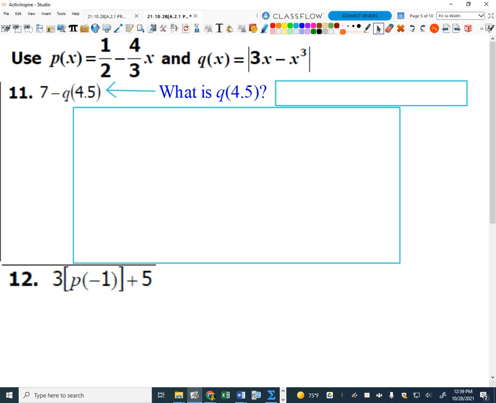What is Q of 4.5? What's that mean? How do we interpret that? No, I want to know what is Q of 4.5. I know 4.5 is 4.5, but what do we mean by Q of 4.5?